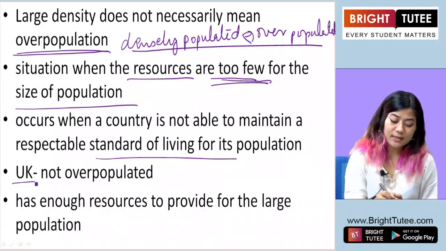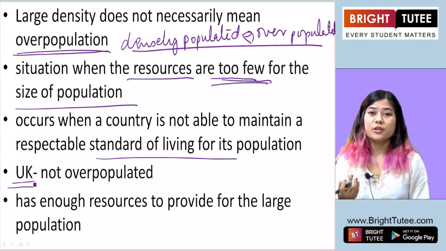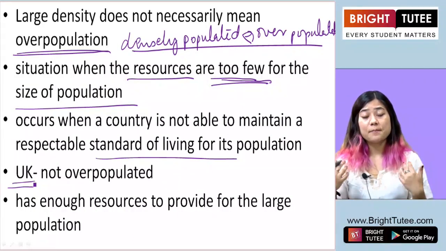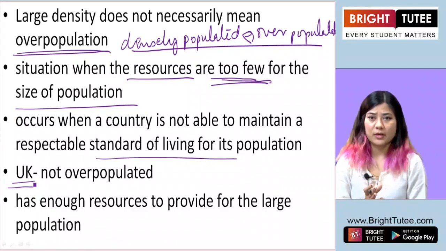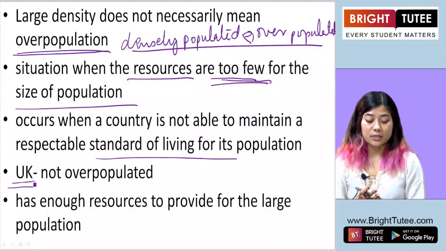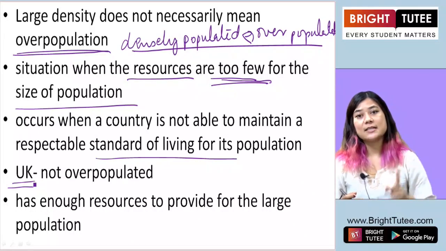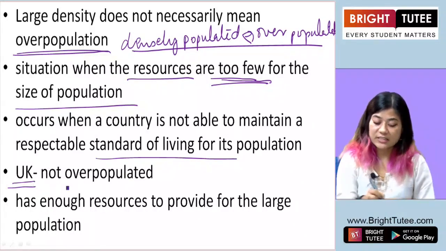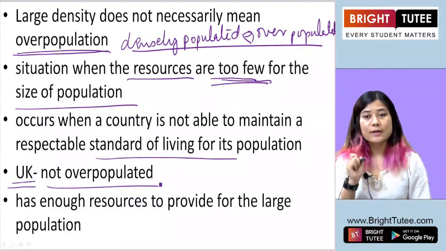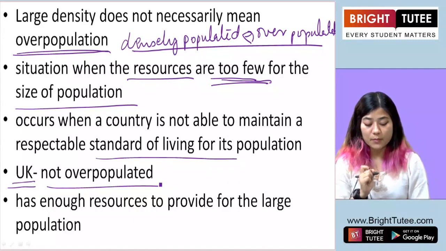Now, if we take, for example, the country of United Kingdom, United Kingdom has many people. It has a large population, it has a high population density, but just because it has a large number of people, we cannot say it is overpopulated. It is not overpopulated. And why can we say it's not overpopulated?